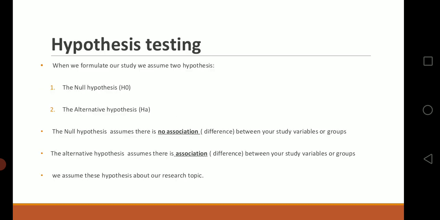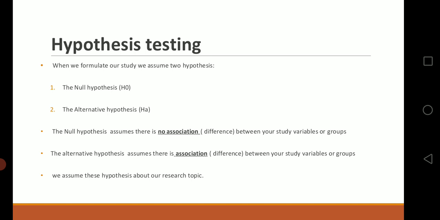So we come to this assumption or concept called hypothesis testing. What do we mean by hypothesis testing? In all the inferential statistics, which we said are the statistics assessing association among variables, we have to assume these hypotheses.